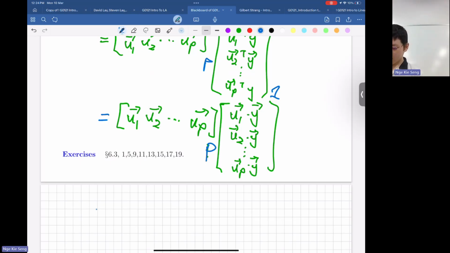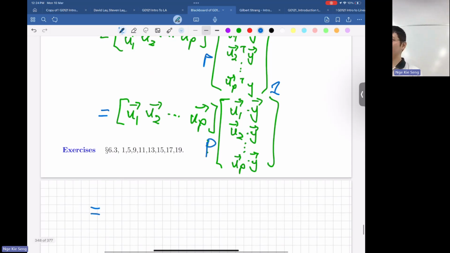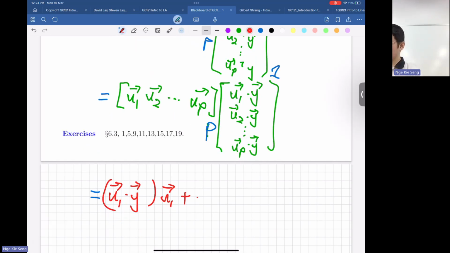These are the scalars for your column vectors. So what do you get here? U1 dot y times U1, and then you take their linear combination. This is the very first time we saw the matrix vector multiplication.